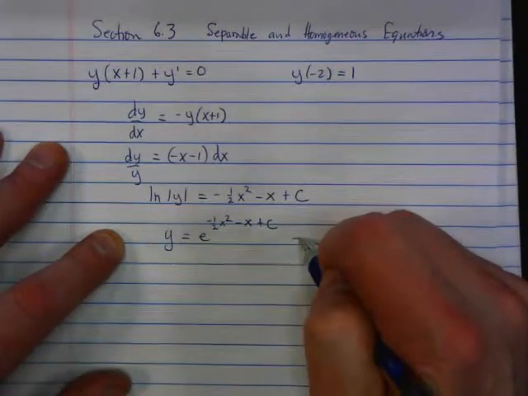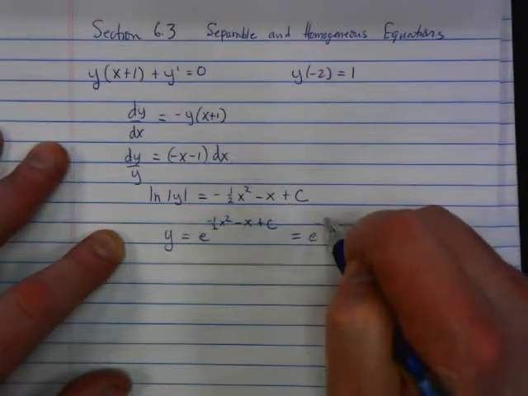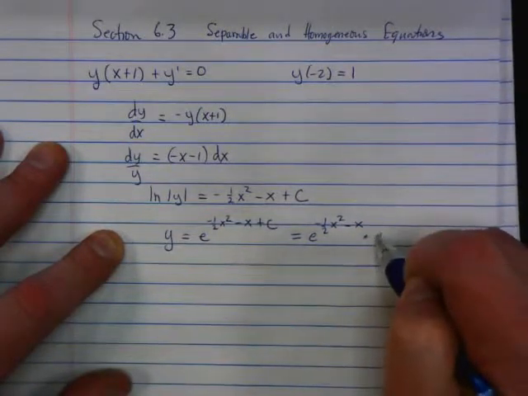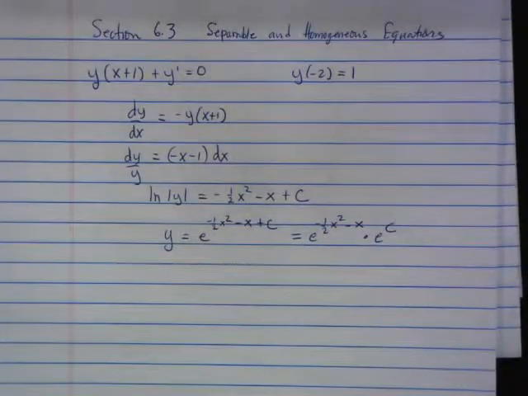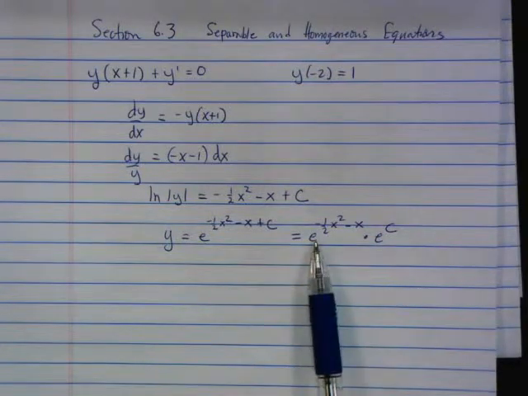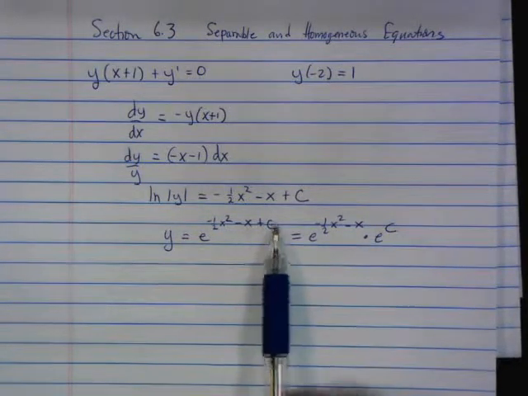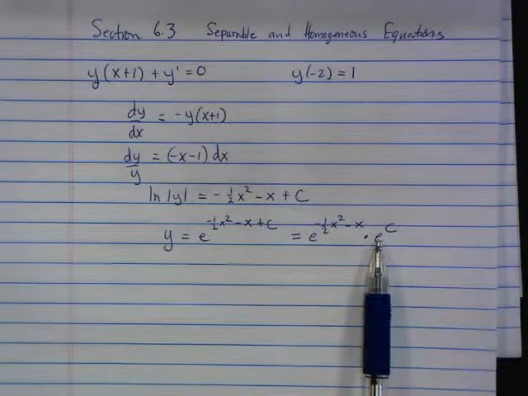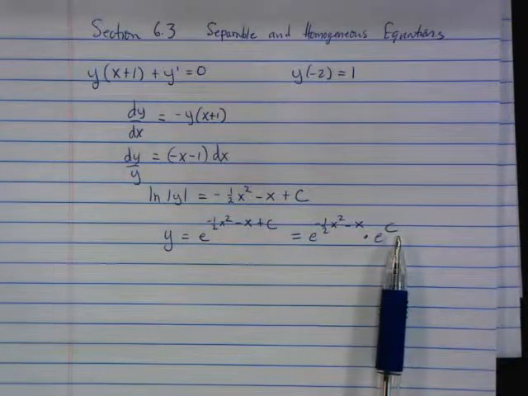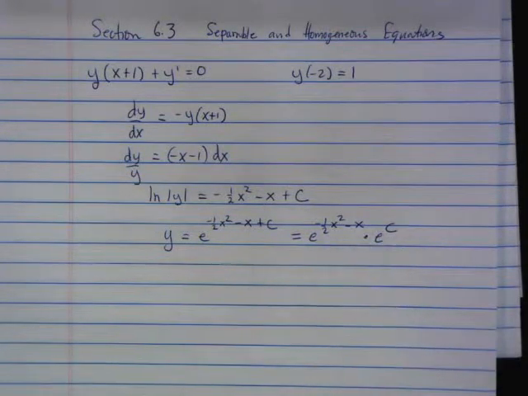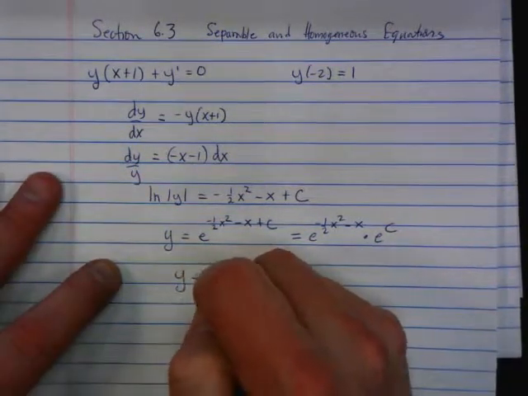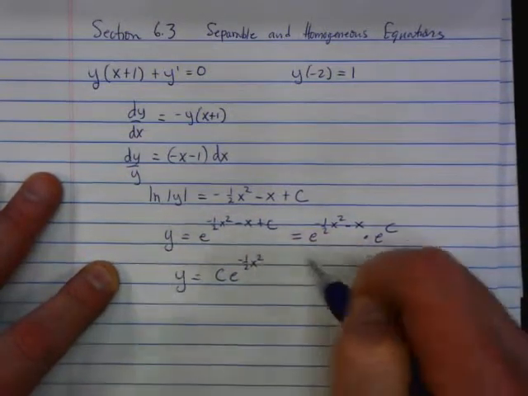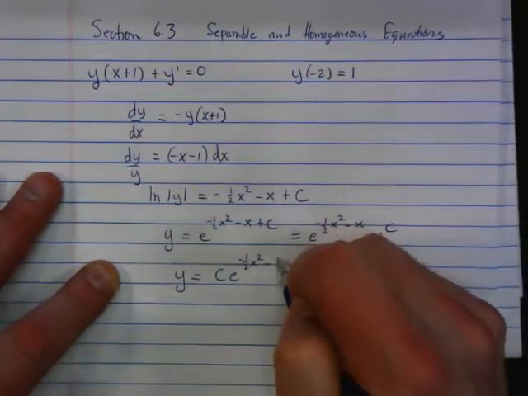But then typically we rewrote that as e to the negative 1/2 x squared minus x times e to the c, where we use our property of exponents, where if we multiply things with the same base, that's the same as adding the exponents. And then we use some sloppy notation, and we called e to the c, c. It's a constant still, so we just renamed it c. So typically we wrote y equals c e to the negative 1/2 x squared minus x.